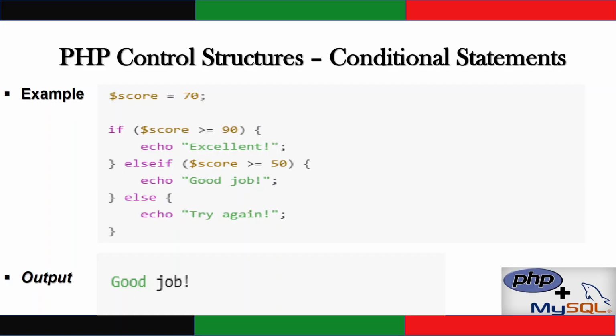If we had checked whether 70 is greater or equals to 90 and it was false, then checked 70 being greater or equals to 50 and found it again false, that's when we would go to the else. So we go to the else part only when all the conditions which have been specified have been tested and they're all turning out to be false. But if one of them turns out to be true, then the else is not going to be touched.